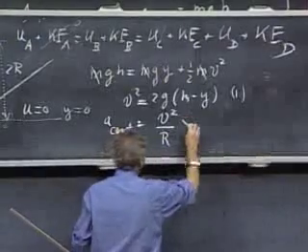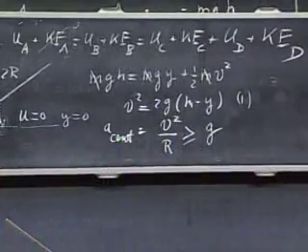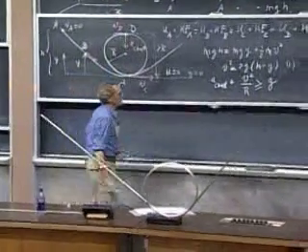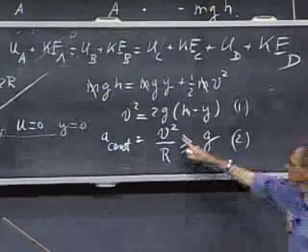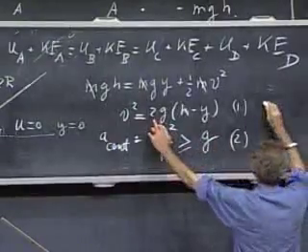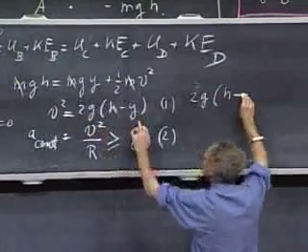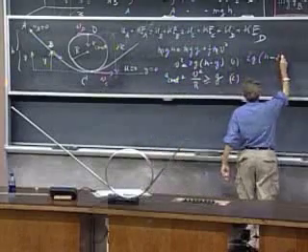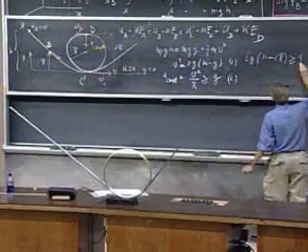And this must be larger or equal to the gravitational acceleration g. If it is not larger, the bucket of water would not have made it to that point D. So this is my second equation that I'm going to use. So look very carefully. v squared must be larger or equal to gr. So I have here v squared, which is 2g times (h minus y), but y for that point D is 2r. So I put in a 2r, must be larger or equal to gr.